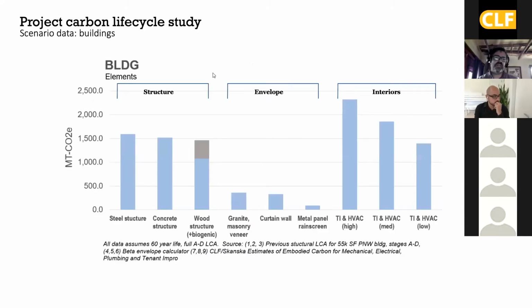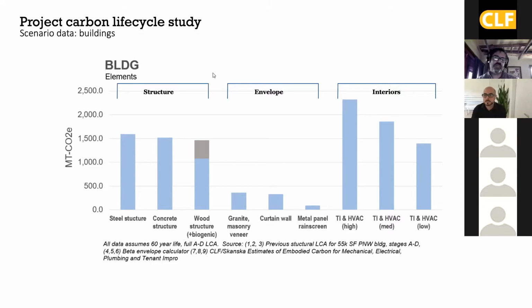And just an example of how we were looking at a couple typical building elements to highlight what we could do, how wood might be able to help us, particularly sustainably sourced wood, cut the carbon emissions by about 25%, a range of options for envelope and what might be the better choices there. And also recognizing, looking holistically at the life cycle of this building, that depending on the amount of churn and revisions and renovations in the interior, that could have a really big impact over the life cycle of the building in carbon.